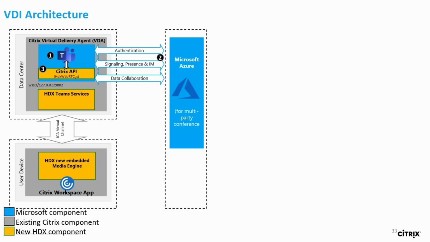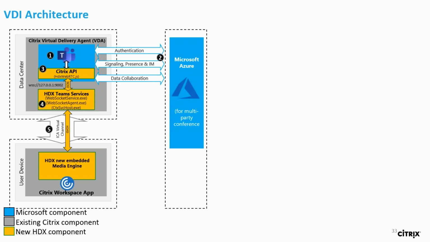Once Teams realizes that it's running on a VDA in a virtual session, that kicks off and starts talking to the Citrix API, which is built inside of that HDX WebRTC JavaScript. Then that starts talking to the HDX Teams service on the VDA and kicks off the WebSocket service, which contains the WebSocket agent.